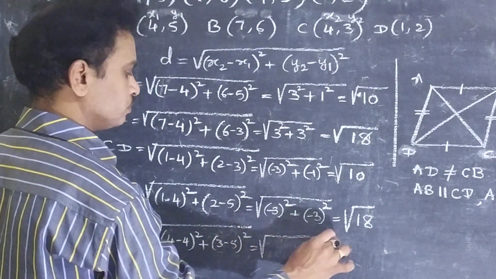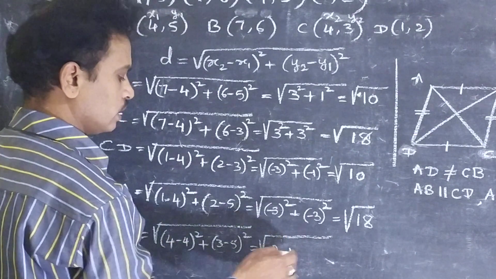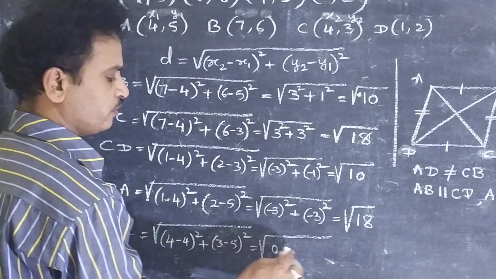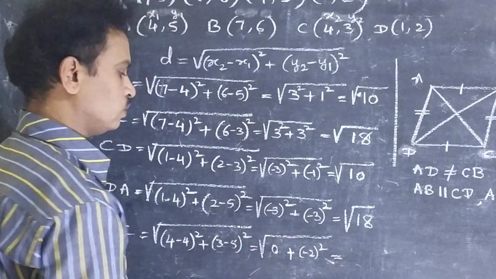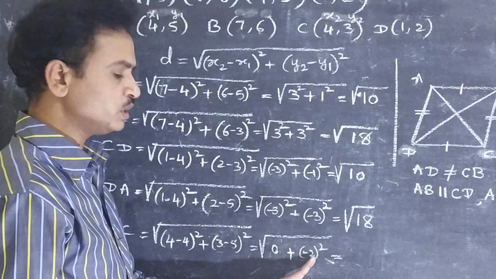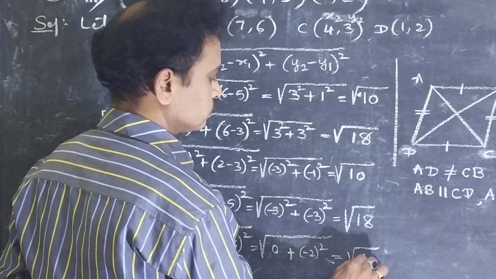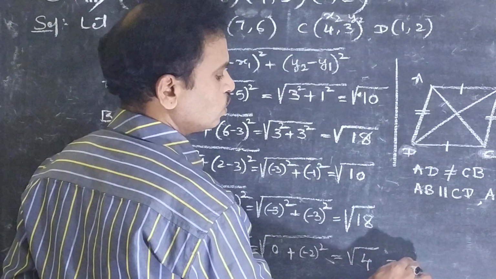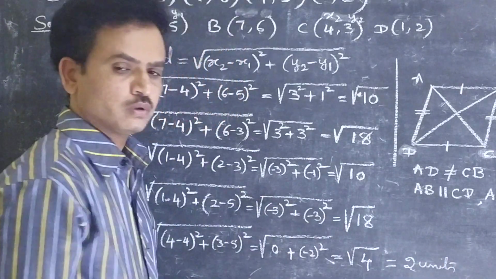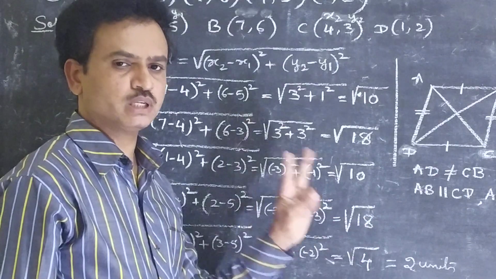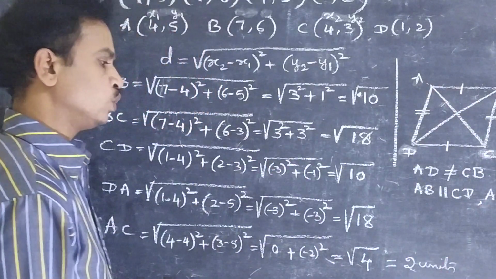Here 4 minus 4 is 0, 0 square gives 0 only. 3 minus 5 is minus 2 whole square. Then this is equal to square root of 4, which is 2 units. Now AC we got 2.